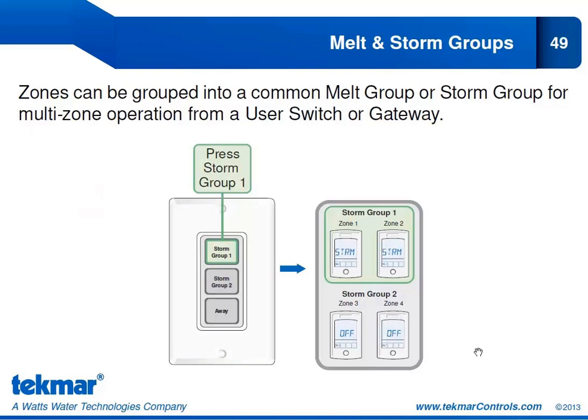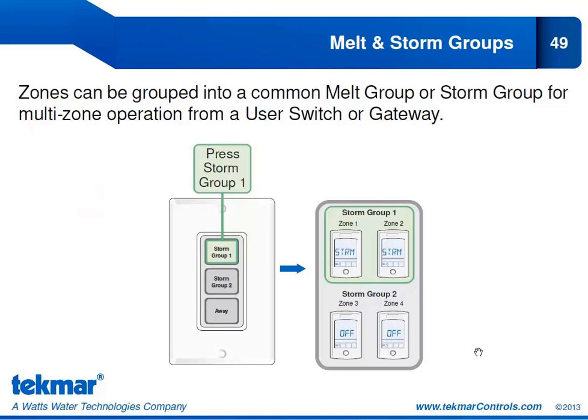And in my system, the driveway and the front walkway were high priority areas. If it's snowing, I want to make sure my driveway and my front walkway are safe, so I want to melt snow there first. My side walkway and my patio are lower priority items. They're nice to haves. So I can separate those zones into different storm groups.